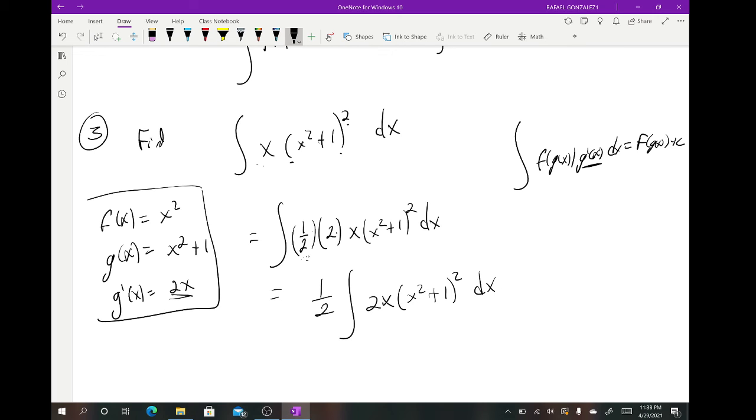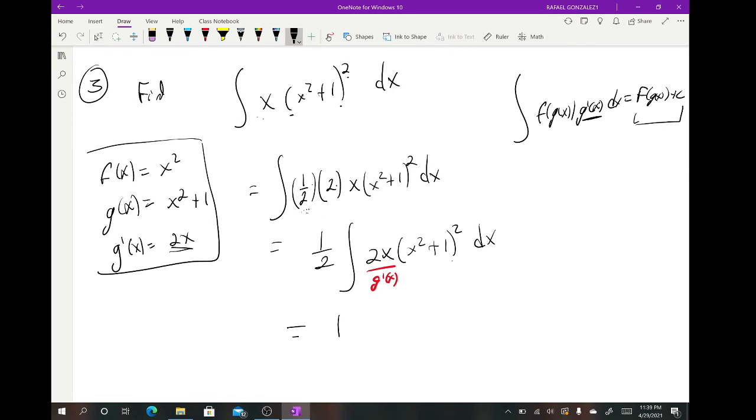And notice that now I do have g prime of x in there. And I do have f of g of x in there. So I can actually apply the theorem. So that means that I'm going to have 1/2, which is on the outside, times the antiderivative of this.